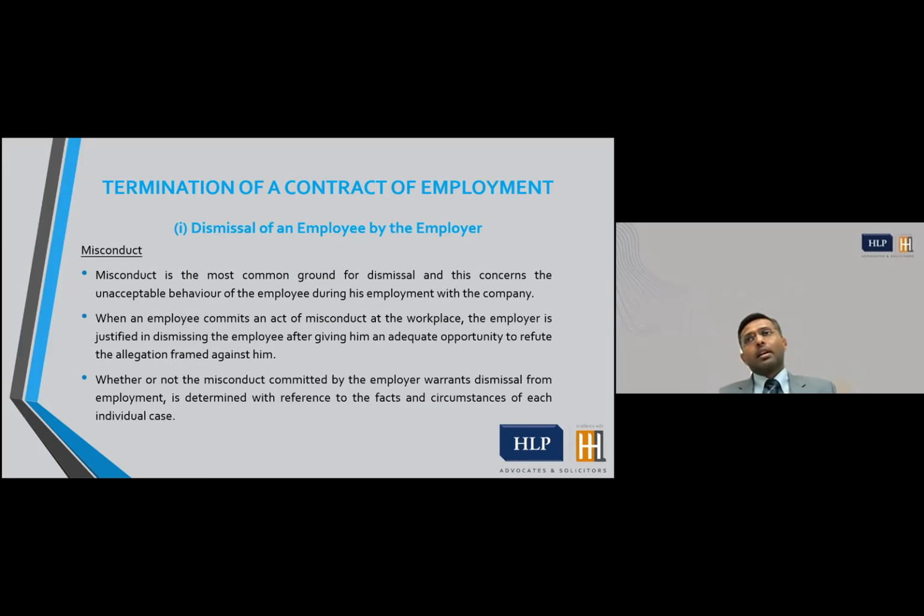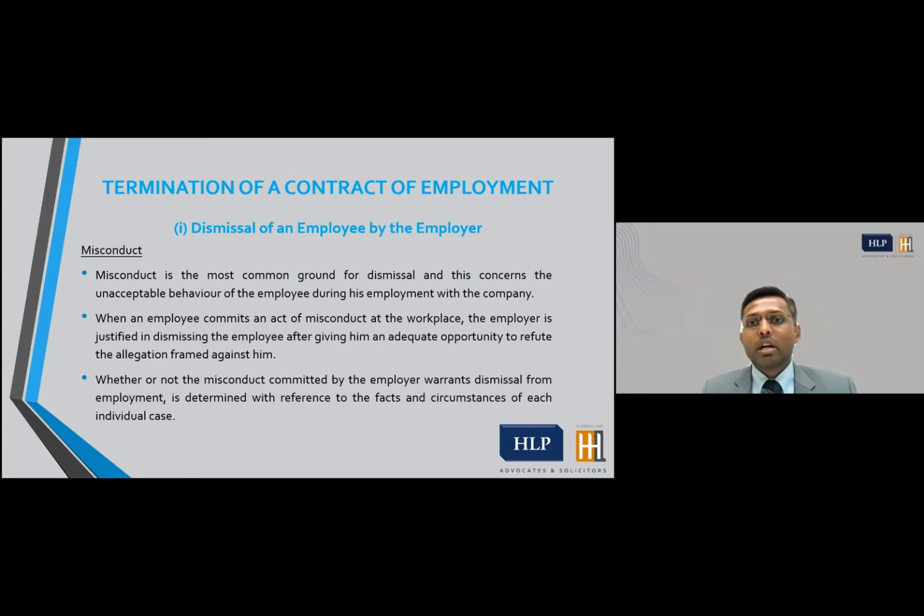So, for example, an employee who is absent from work for a period of time without prior leave, without permission from the employer, or an employee who is habitually late to work. So, for example, your working hours are from 9 a.m. to 6 p.m., but the employee regularly comes in at 10 o'clock or 11 o'clock in the morning. So it's habitually late.